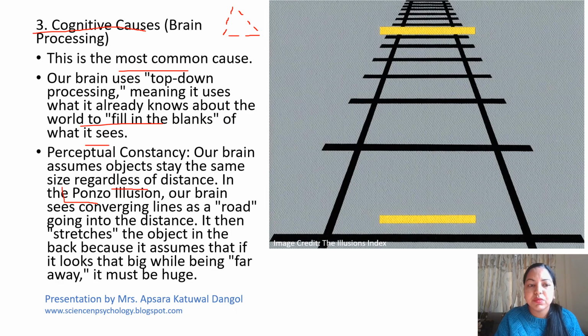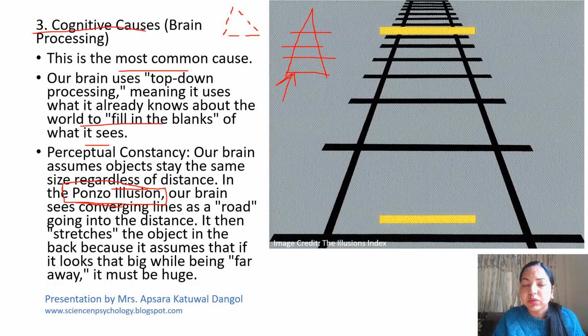Let's talk about the Ponzo illusion, which was discovered by Ponzo. So what happens here? When we move along a railway track, it feels like the lines are converging because we see a structure like this, right?